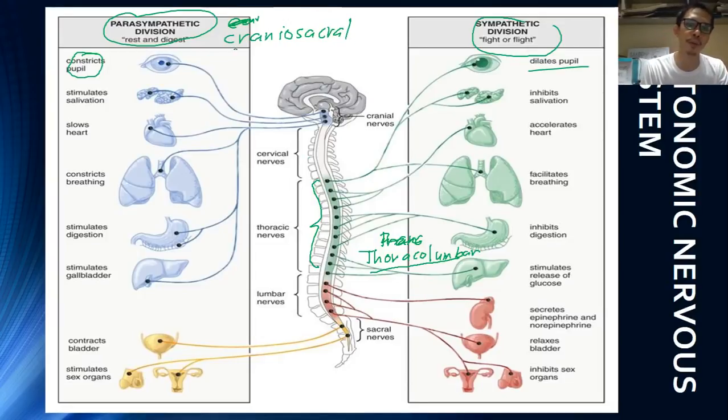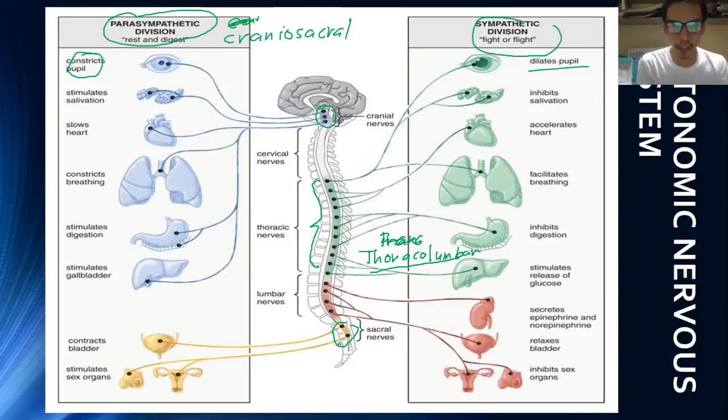When we talk about cranium, it means near the skull, so it is on the top part of the body. So these are the cranial nerves, and also the sacral part, the last or end part of the spinal cord, which is called the sacral nerves. That is why it is called the craniosacral nerves.